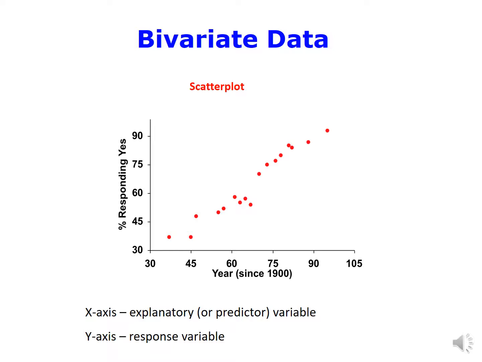So in a scatter plot, the x-axis is called the explanatory variable or the predictor variable. So here we're saying that years is the explanatory variable. Years since 1900 is my explanatory variable.